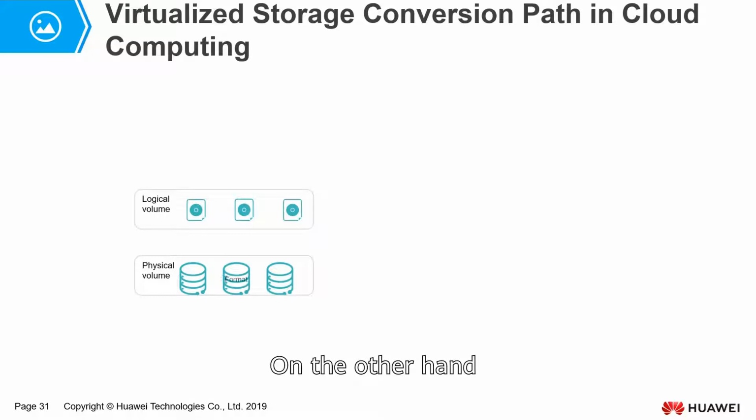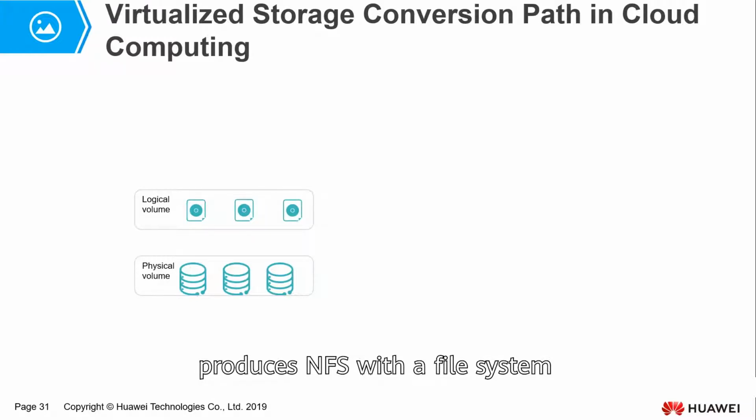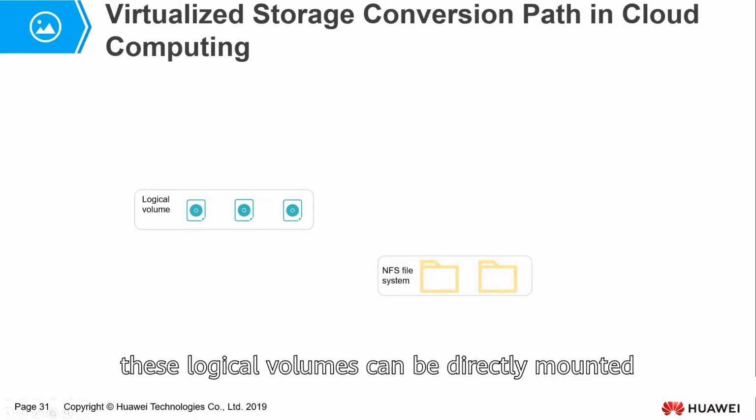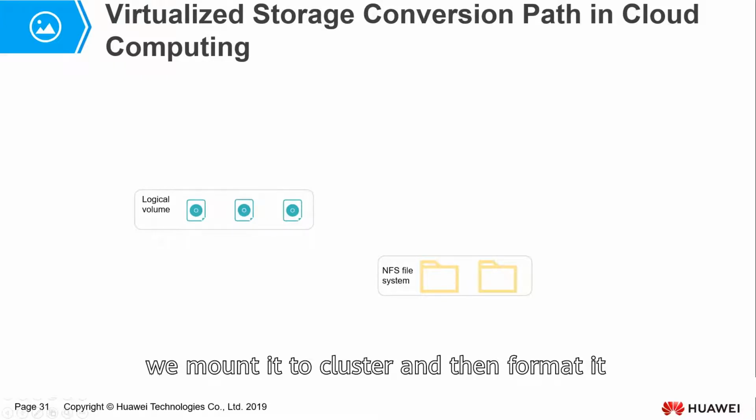On the other hand, we can format this physical volume directly and let it produce NFS with a file system. After logical division, this logical volume can be directly mounted to the host. In this case, we mount it to the cluster and then format it.